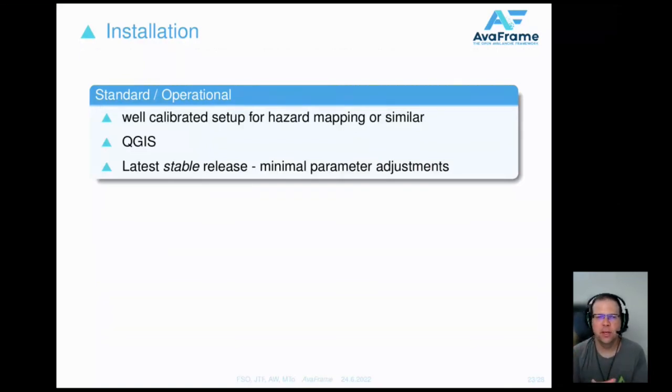You can provide release areas, release heights, and entrainment areas, for example, but that's it. All the other parameters are set to fixed values, and this fixed set of values is what we call the operation setup. We try to change this as little as possible, and we improve on it only when we feel very confident that our results are better.